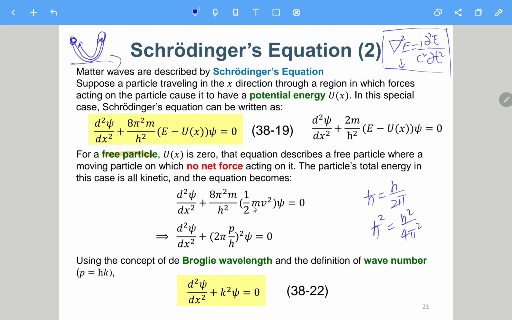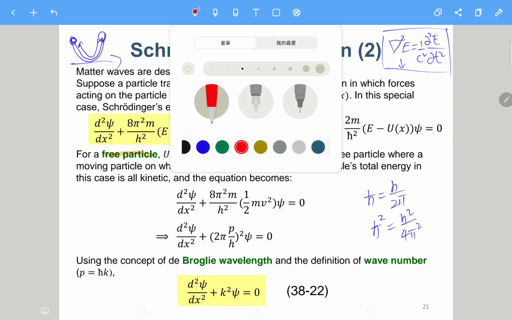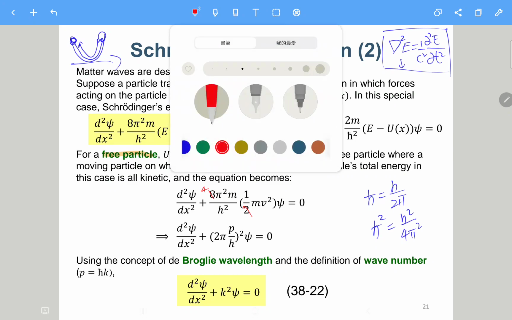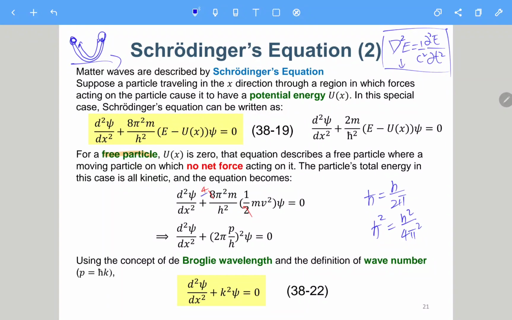So after substituting the term here, we can do some cancellation or simplification. In this case, these two and this 8 can be partly cancelled, and then we can group some of the terms. So we have 4 pi squared, so it is like 2 pi quantity squared, and then we have m squared.